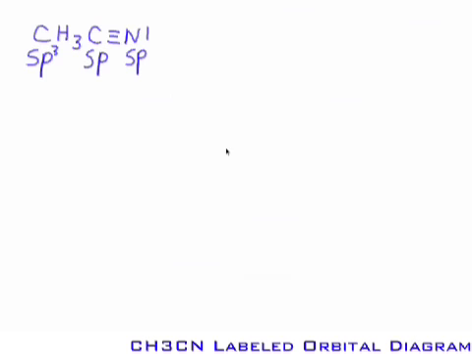So I'm going to begin with a nitrogen, and I'm going to draw an sp shape. And sp, remember, are linear in relationship. So here's an sp orbital, and on the other side is a second sp orbital.